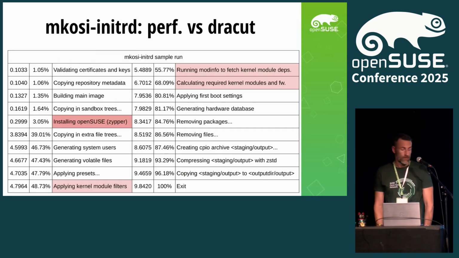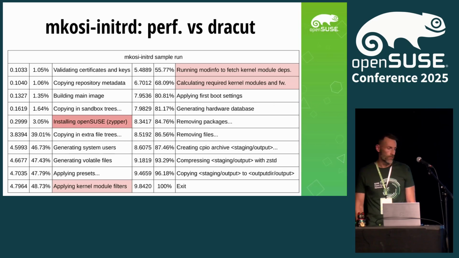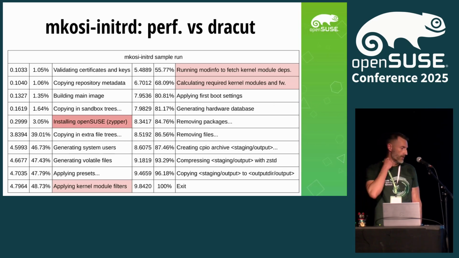And this is digging into where mkosi-initrd spends its time. The first and fourth columns are seconds, and the second and fifth are the percentage of completion. The first big jump is the zypper call with 3.5 seconds.